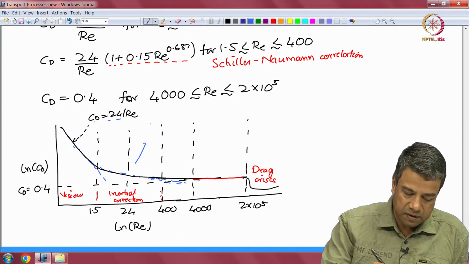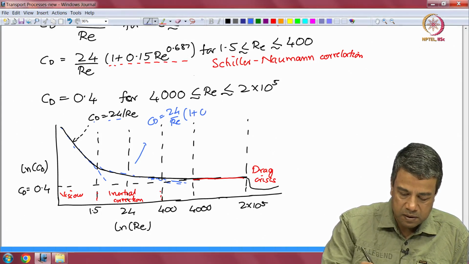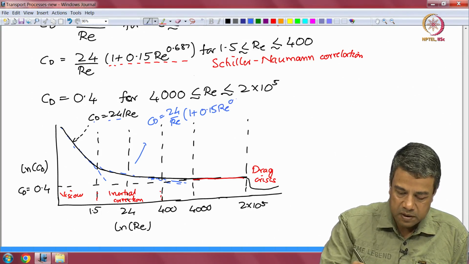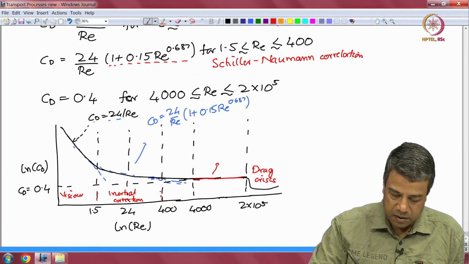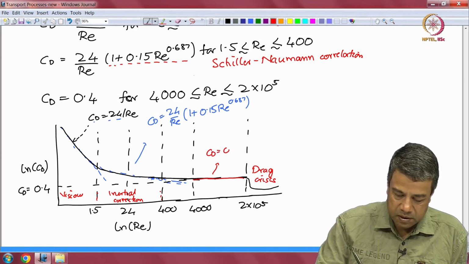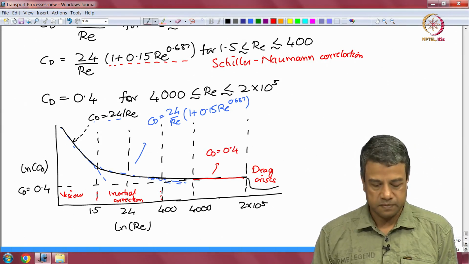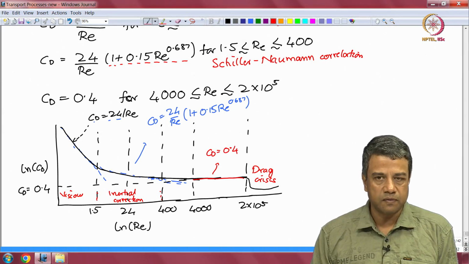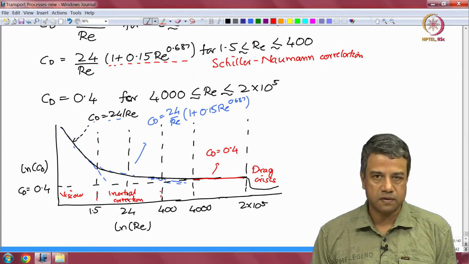In this region you have CD is equal to 24 by Re into 1 plus 0.15 Re power 0.687. Here CD is equal to 0.4, and then the drag crisis takes place. So, this is the sequence of flow patterns and the drag coefficient or the drag force on the sphere.